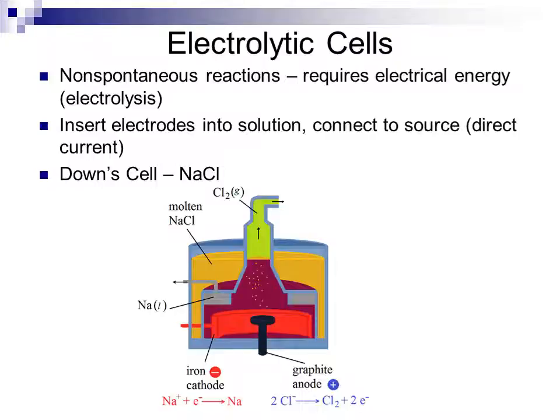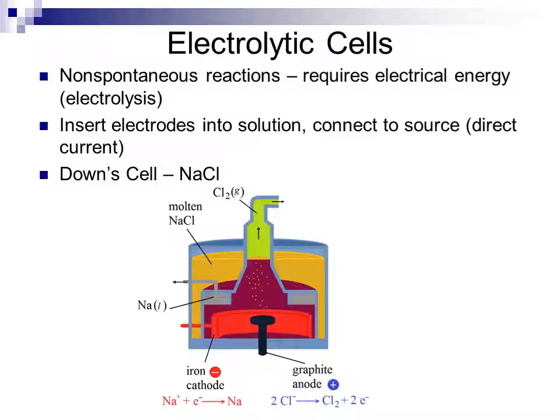As the sodium chloride moves into this internal chamber, the sodium will be reduced from sodium plus to sodium metal at the cathode, and the graphite will serve as an anode upon which the negative chloride ions are oxidized to form chlorine gas.